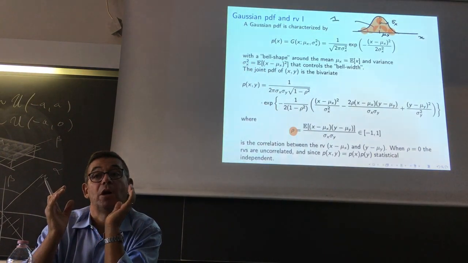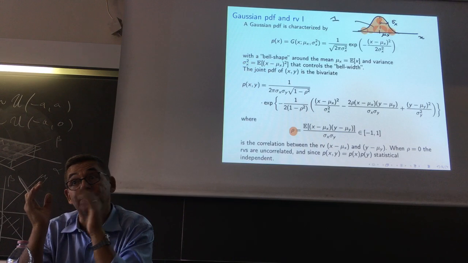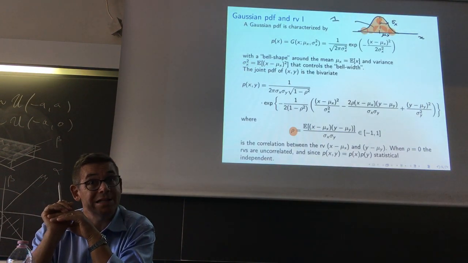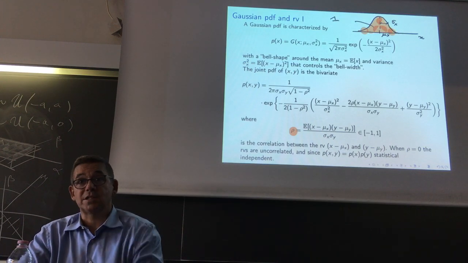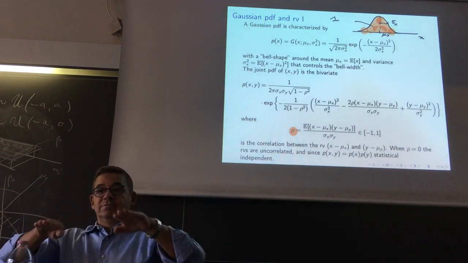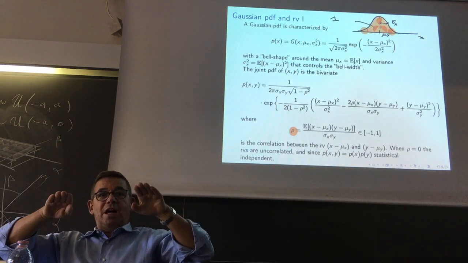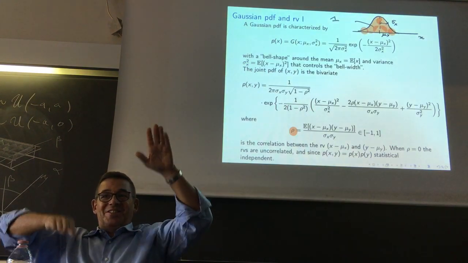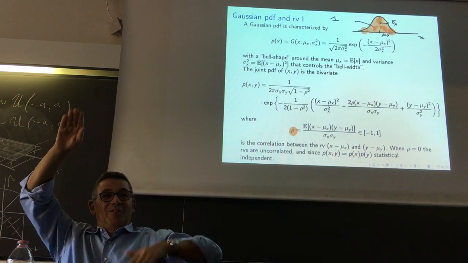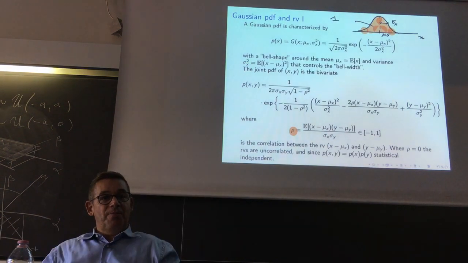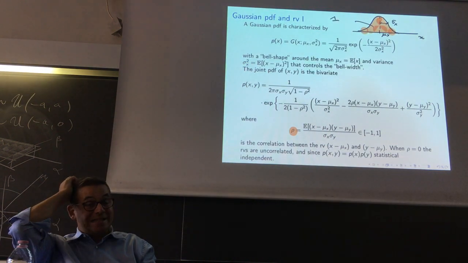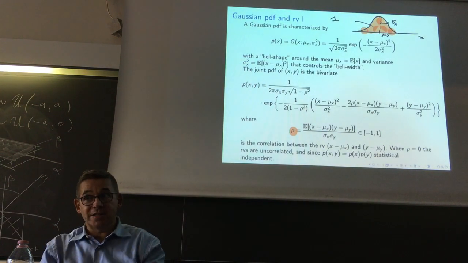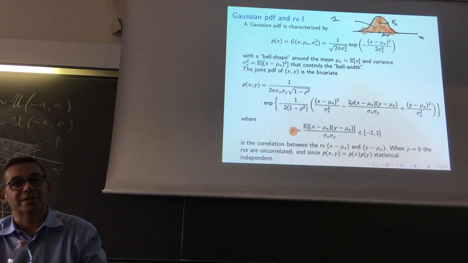If it is equal to minus 1, that means that x and y are anti-correlated. What is perfectly correlated? What is anti-correlated? If I move in the opposite direction. Now, if rho is equal to 0, that means that they are uncorrelated.